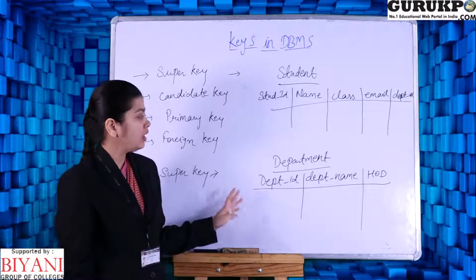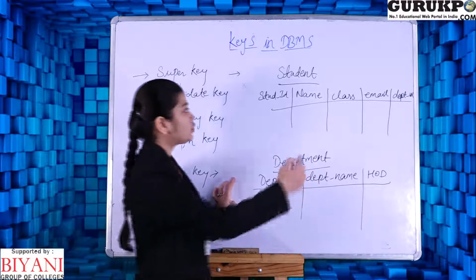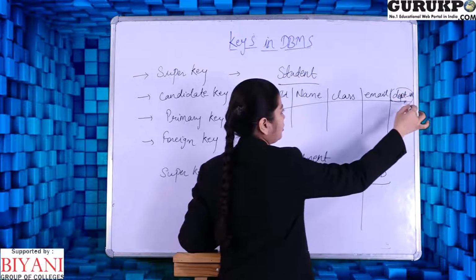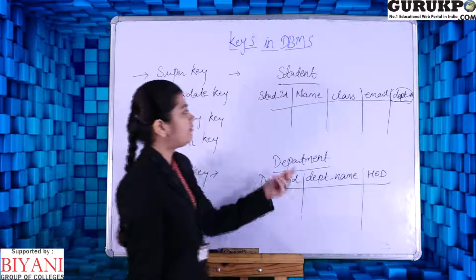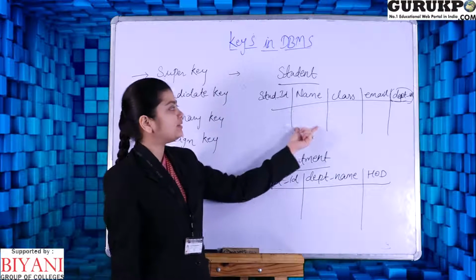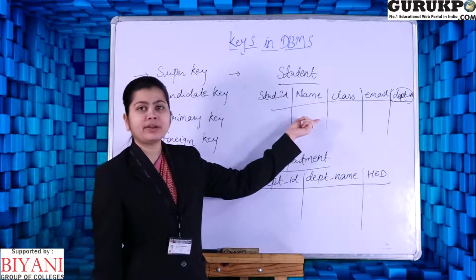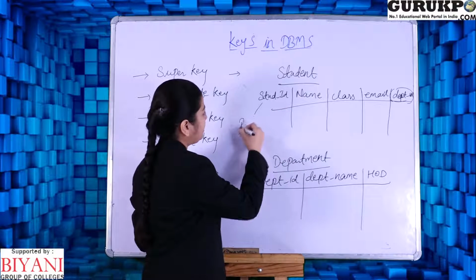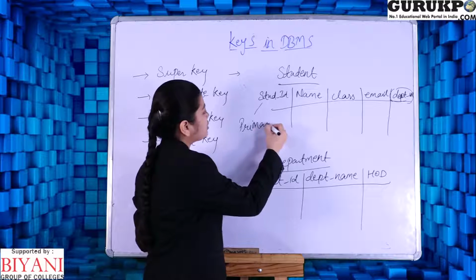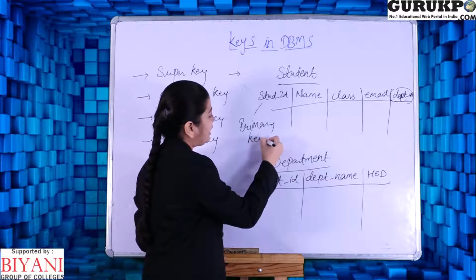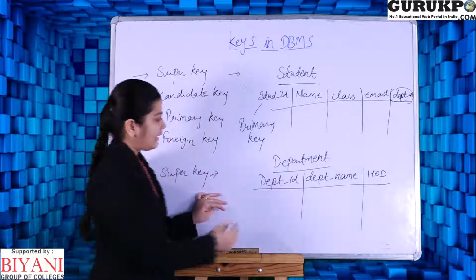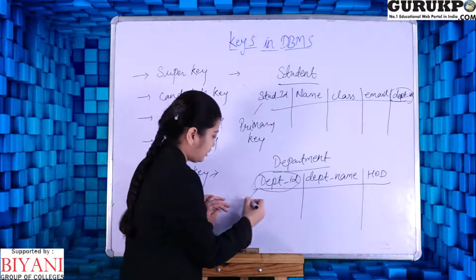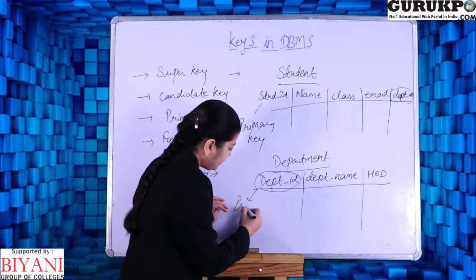We have two tables. In the student table, department ID is used to identify which particular student has which department ID, and student ID is the primary key. By using student ID, we can easily identify each and every record of our table, and in the department table, department ID is the primary key.